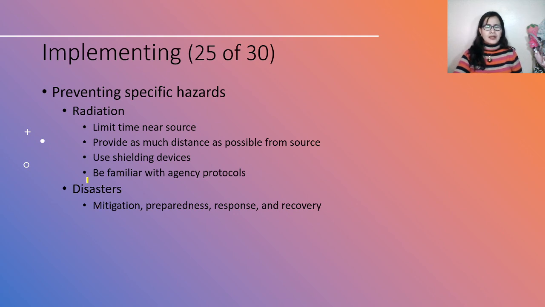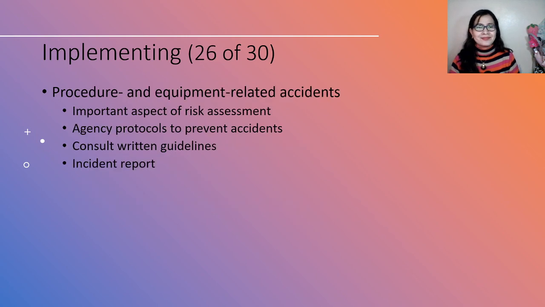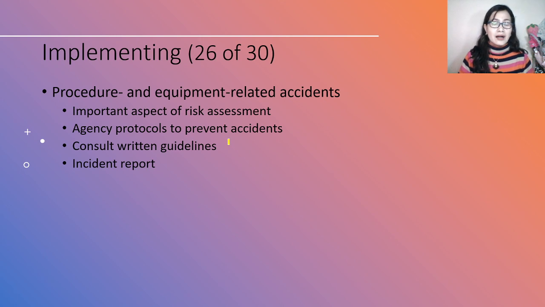Also here we've discussed disaster prevention, its mitigation, preparedness, response, and recovery. As to whom we are going to coordinate with, it's very important that you tell the clients. If there are procedure and equipment related accidents, you must first check the aspects to prevent the risk for accidents.